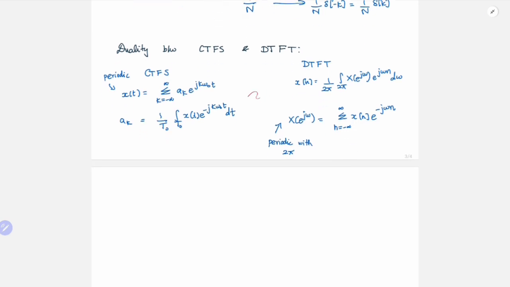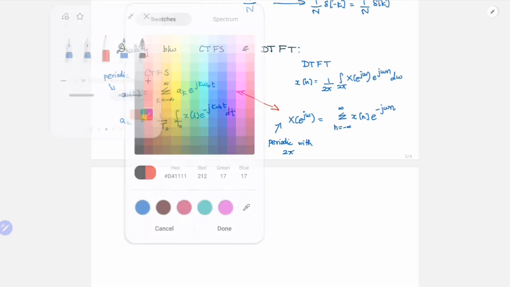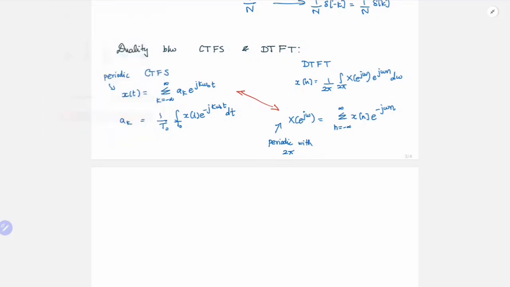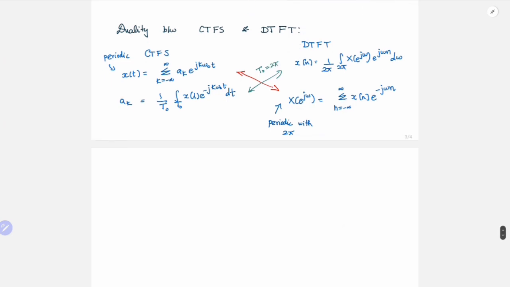So if you observe these both equations, they straight away coincide except for a difference of minus sign. And if you observe the other two equations, you want your T_0 to be equal to 2π, and there is also a minus sign difference. So the first constraint we'll put is your T_0 equal to 2π in your continuous time signal x(t).